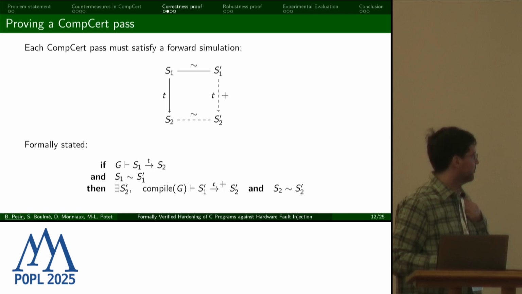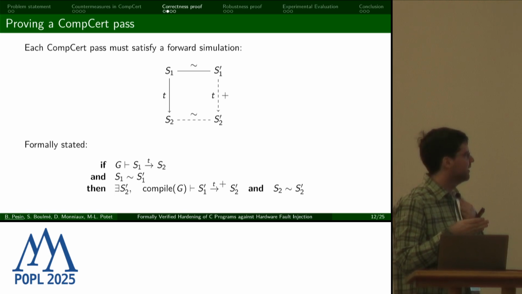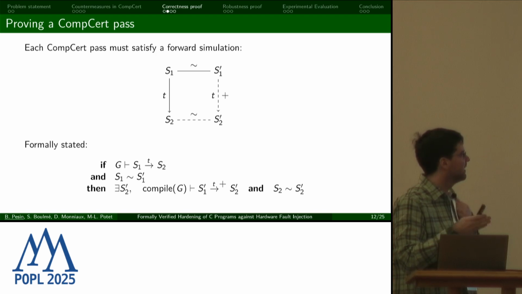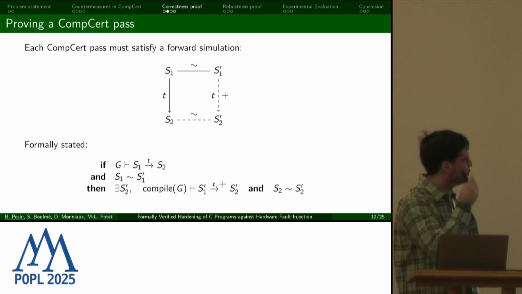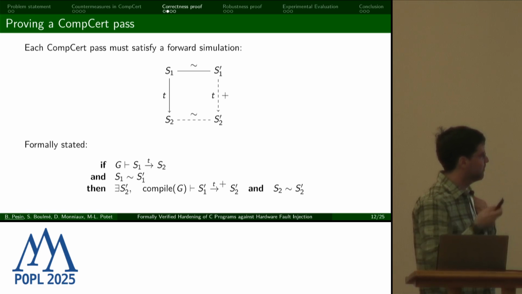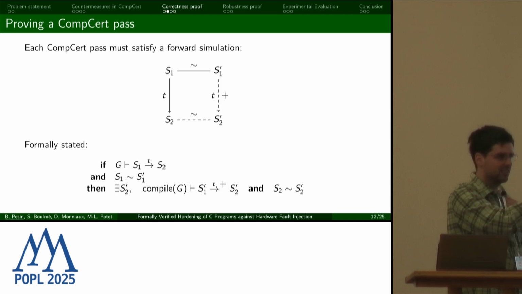And so for each pass of CompCert, you must establish a simulation which shows that the behavior of the source and target programs are the same. And usually it's basically building this kind of simulation diagram where at left, S1 and S2 are states of the source program. At right, S1 prime and S2 prime are states of the target program.